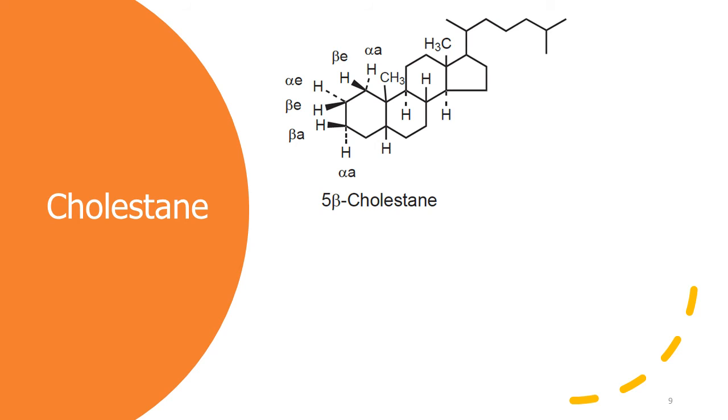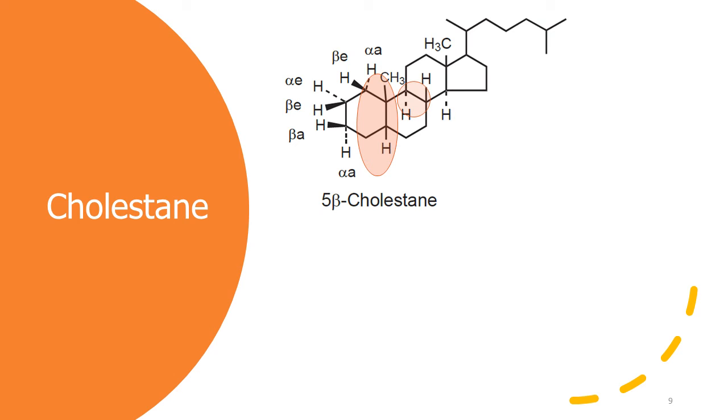Now the example of 5 beta cholesterol: it has a cis-anti-trans backbone in which rings A and B are fused as cis with each other. The term syn is used in a similar fashion to anti to define the cis relationship.